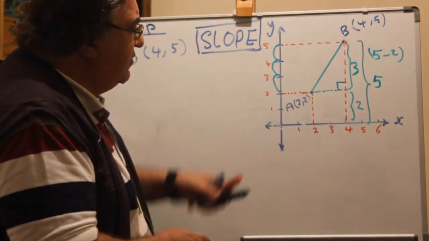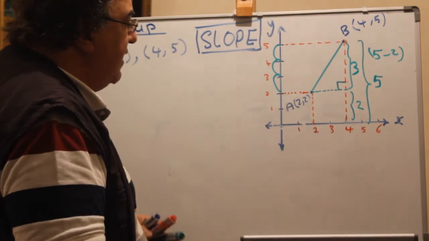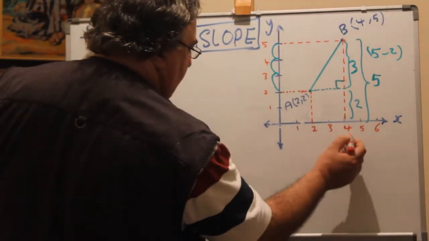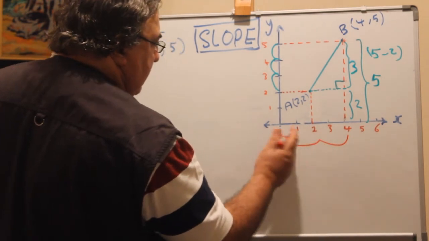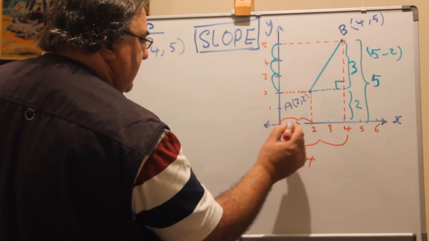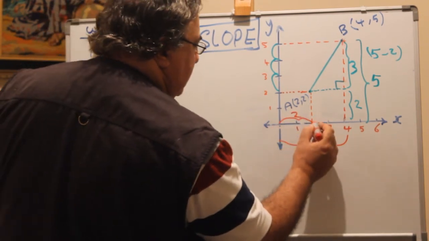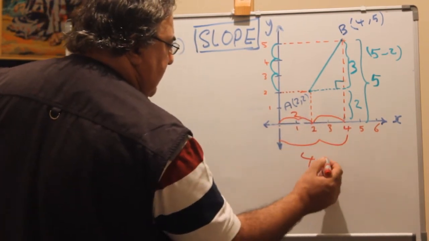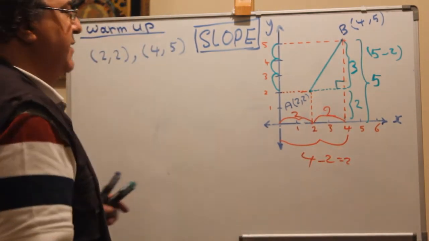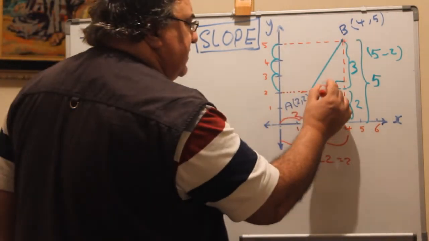Now let's go to the horizontal. What is the distance from here to here? It is 4. And from here to here it is 2. So 4 minus 2 gives me 2. So the horizontal distance from here to here is 2.